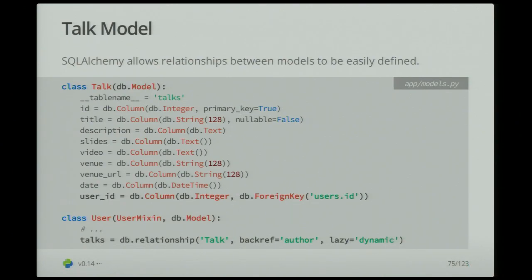So talks have authors, and I want to know who wrote each talk. And since I already have the users in a user table, I need to basically make an arrow between talks and users so that I know who authored each talk.